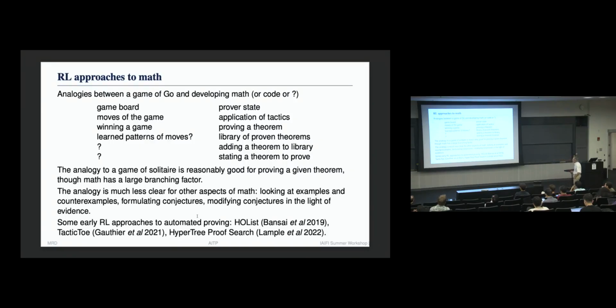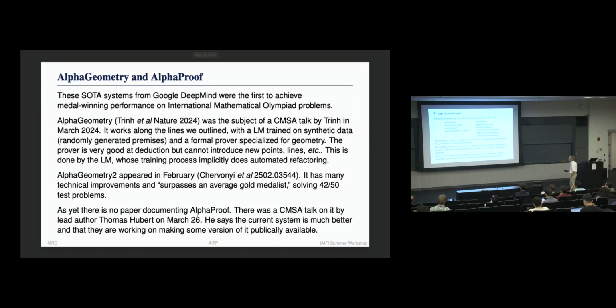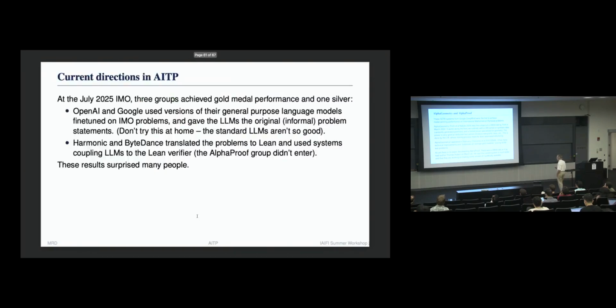Reinforcement learning was, before the language models, the main line of AI trying to make proofs. This is the news of last year and the year before, DeepMind's accomplishments and gold medals at the IMO. Of course, the most recent news is the July 2025 IMO, International Math Olympiad, and there were 4 groups that had systems that got medal-winning performance.